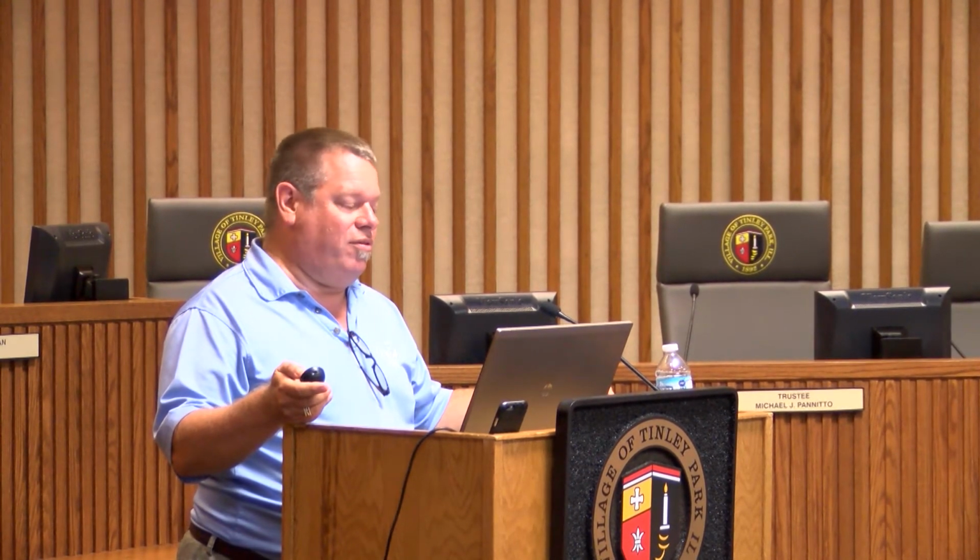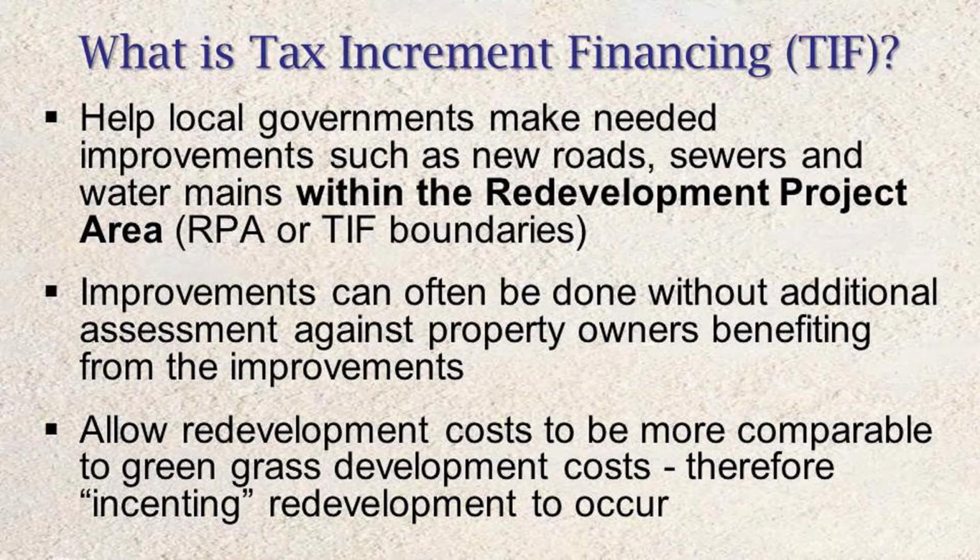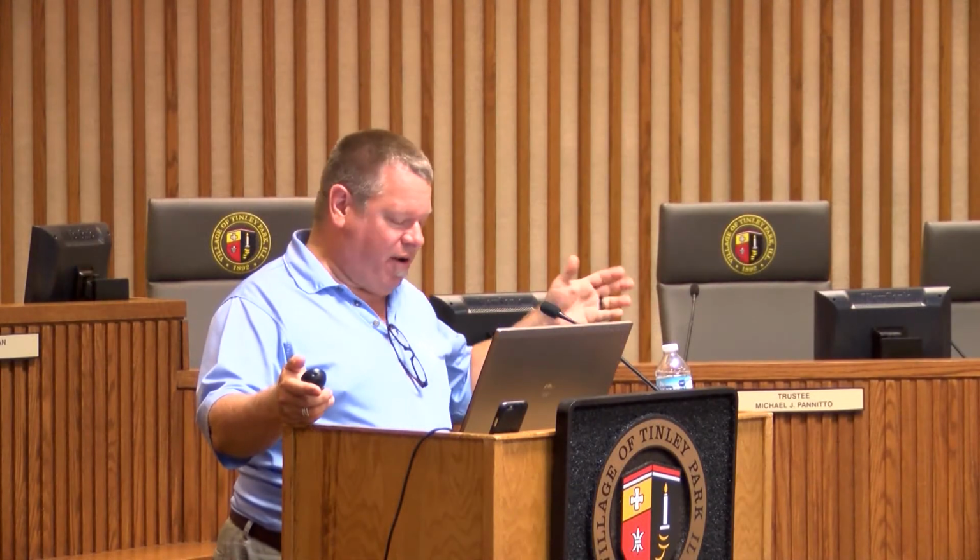It helps attract local private development and new businesses into areas, helps make needed improvements, such as new roads, sewers, water mains, etc. And I've emphasized here on this slide "within the redevelopment project area." That's a term that is used in the TIF, and basically what that means is the TIF boundaries, the areas outlined of the TIF.